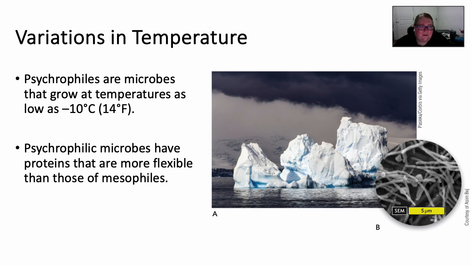So psychrophilic microbes have more proteins that are flexible and more cholesterol to keep their phospholipid bilayer fluid. They're specifically adapted to these conditions, which is kind of cool. So psychrophile is the coldest, hyperthermophile the warmest, mesophile and thermophile are in between. And know where you can find these guys.